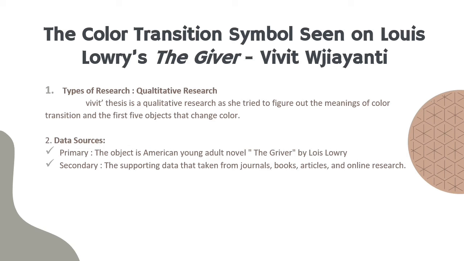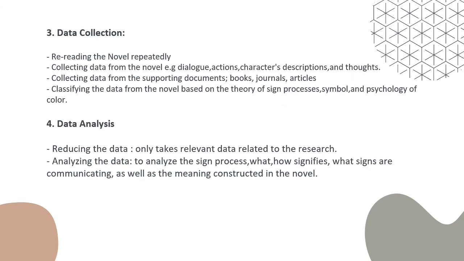The first is the primary source as the main source, for which she used the novel called The Giver by Lois Lowry. And the secondary source is used as supporting data, taken from journals, books, articles, and online sources.